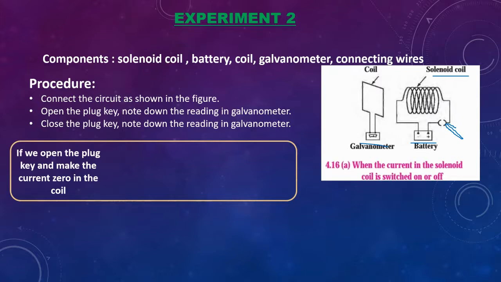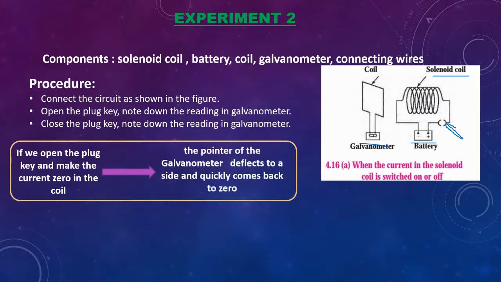If we open the plug key and make the current 0 in the coil, that means no current is flowing through the solenoid coil. So what happens?